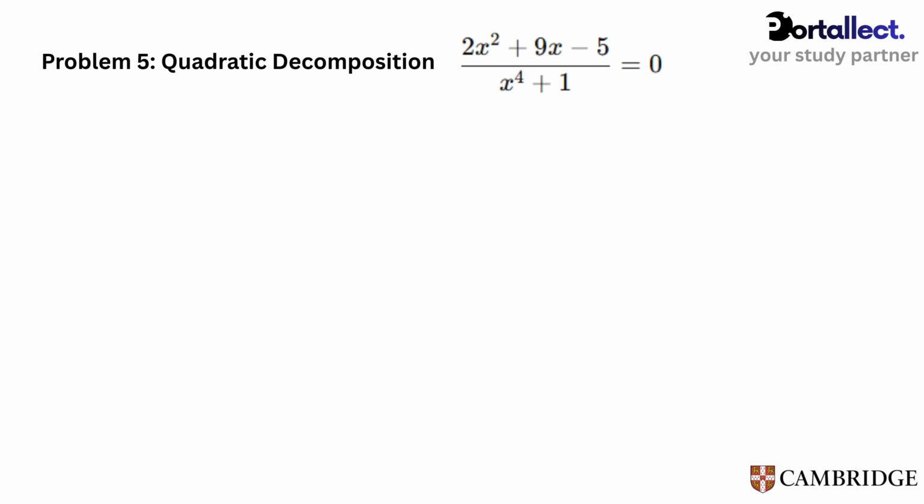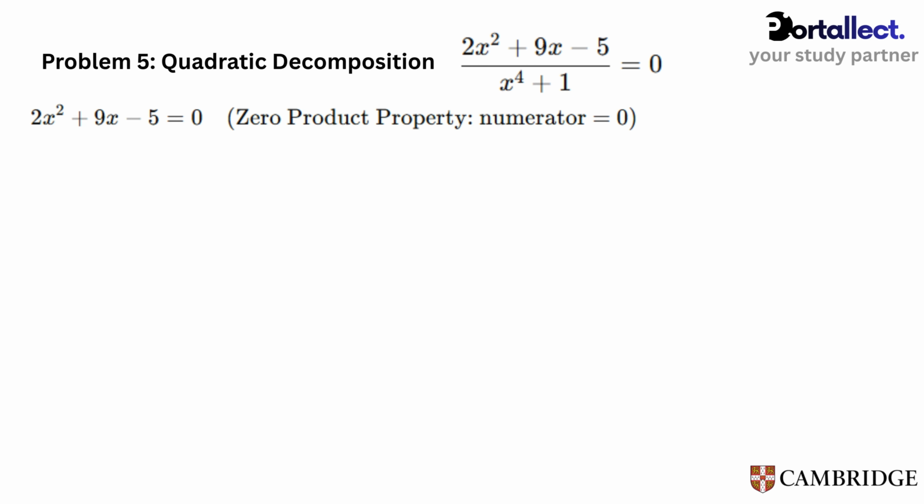In this problem, we have a fraction with a high degree denominator. (2x squared + 9x - 5) divided by (x to the 4th power + 1) equals 0. Don't let that x to the 4th power intimidate you. The rule remains the same. For the whole fraction to be 0, only the numerator needs to be 0.